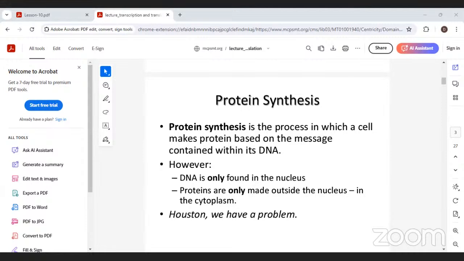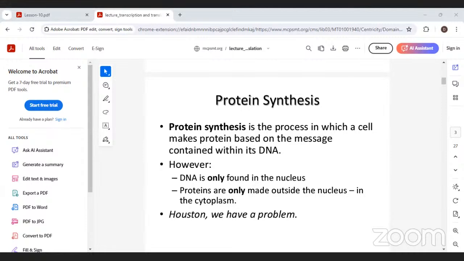This is the central dogma, okay? The synthesis of mRNA from DNA, DNA meaning deoxyribonucleic acid, is called transcription. Sorry, DNA to mRNA: synthesis of mRNA from DNA.